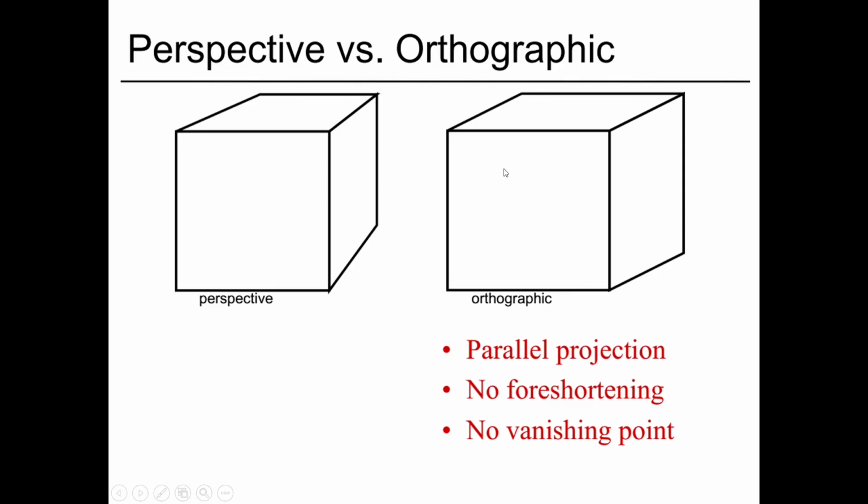But these two characteristics are not seen for orthographic projection. The details for vanishing points and foreshortening can be found on GeeksforGeeks or Tutorials Point. I won't be giving any in-depth lecture on this, but if you are interested, you can see more about this.